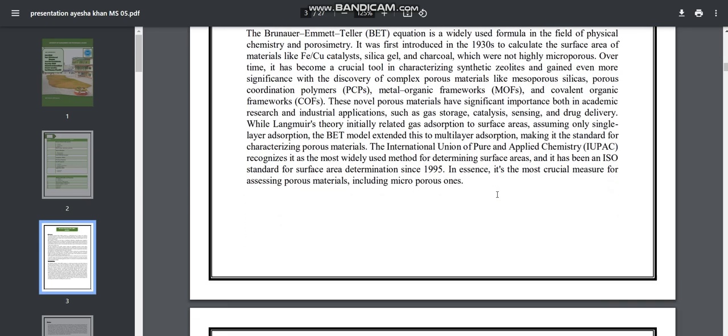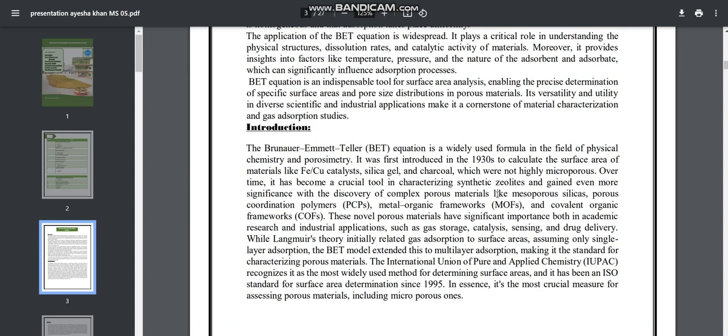Next, we have the introduction of BET. The BET is a key tool in physical chemistry used since the 1930s to calculate the surface area of various materials. Initially, it was designed for substances like catalysts and charcoal. It has also evolved to characterize modern porous materials such as zeolites and metal-organic frameworks, that are MOFs.